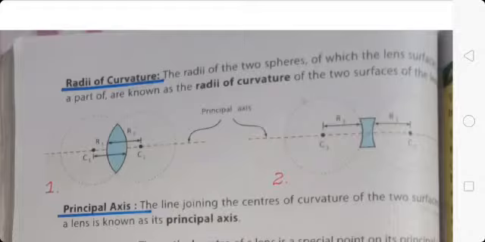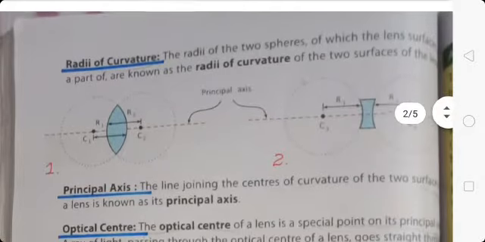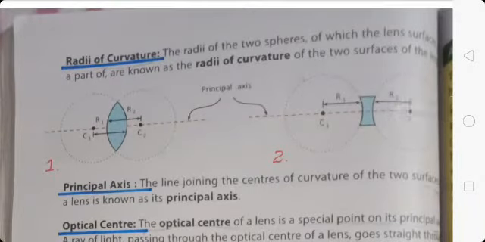The radii of two spheres of which the lens surfaces are a part of are known as radii of curvature. As I already told you, it is just like the radius of a circle and radii of curvature, you can relate that.